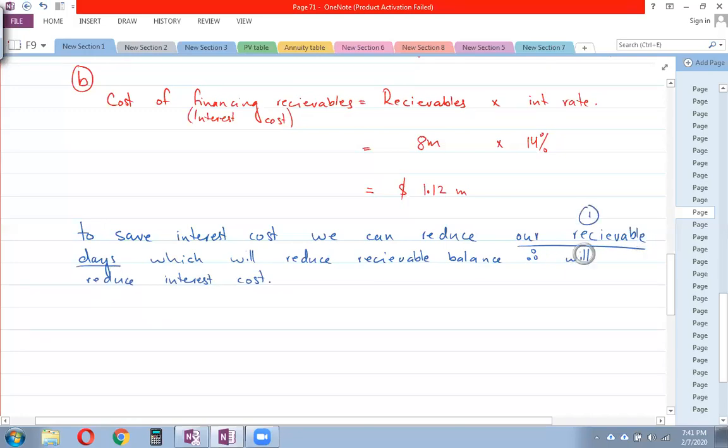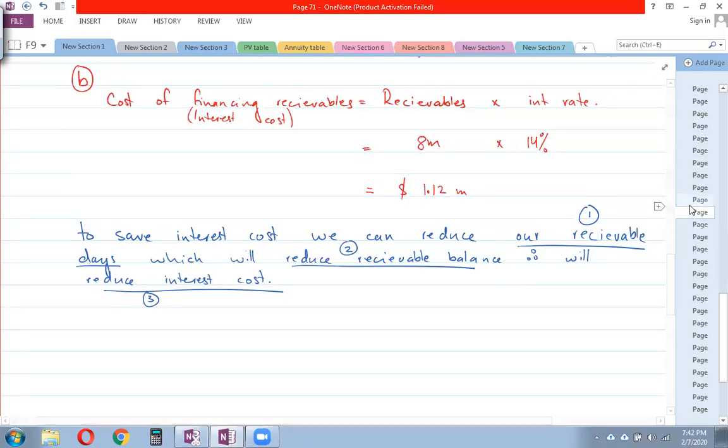When you reduce your receivable days, your receivable balance will be reduced as well. When the receivable balance is reduced, of course, if we have a smaller figure in here, we're going to get a smaller interest cost as well. So that's what we are going to do.